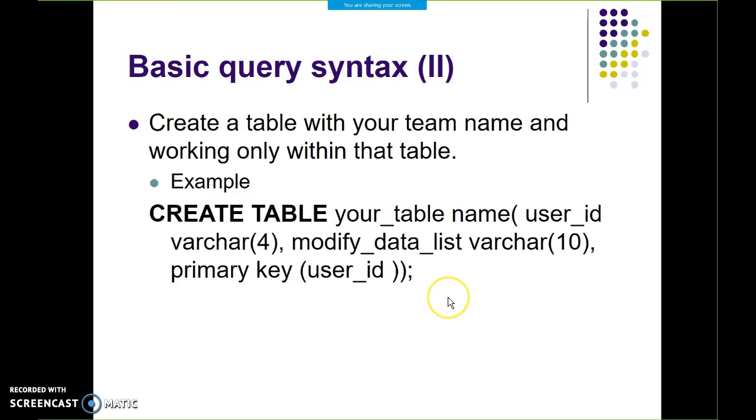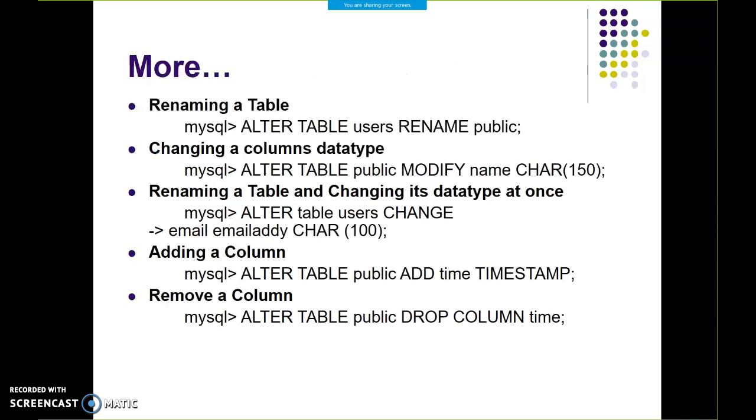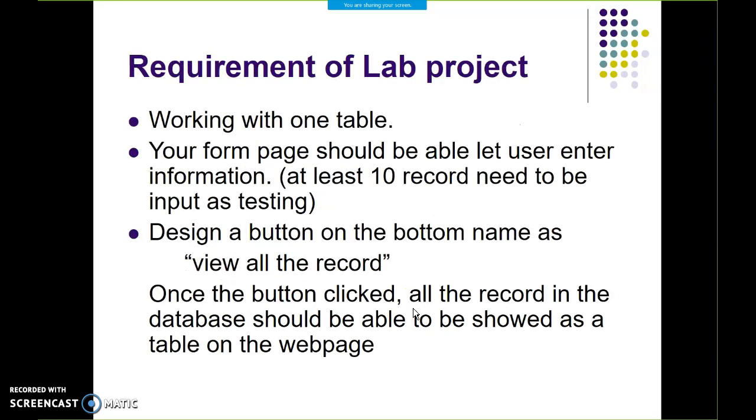And then after we create tables, we can insert records in, and then we can select the information out, okay? And there are more commands we can use for modifying tables, changing the data type, dropping a column, or adding a column to a table. So there is a bunch of different things.